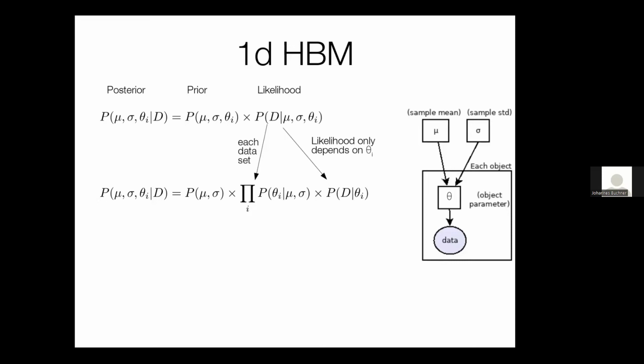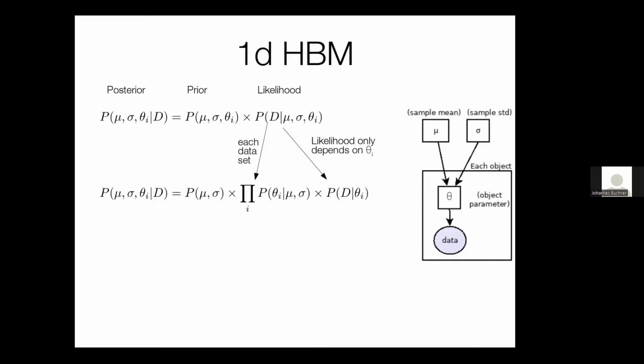So for example, you have a normal distribution for that parameter with mean mu and standard deviation sigma. And so now you have an additional level here. This parameter is being informed by the sample mean and sample standard deviation. So you have this normal distribution as a prior, but that prior has additional parameters. Okay, so you have this prior with 3 parameters, and you still have the likelihood.